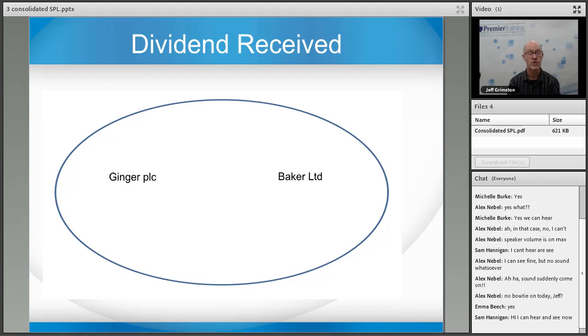So we have Ginger, Baker, you notice we're back to the same diagram time after time. For me, the day I sat down and drew that circle was the turning point when everything in consolidated accounts started to fall into place, because you can just see where it goes, where it came from, and what it's worth. Baker paid a dividend of 37.5 pence per share.